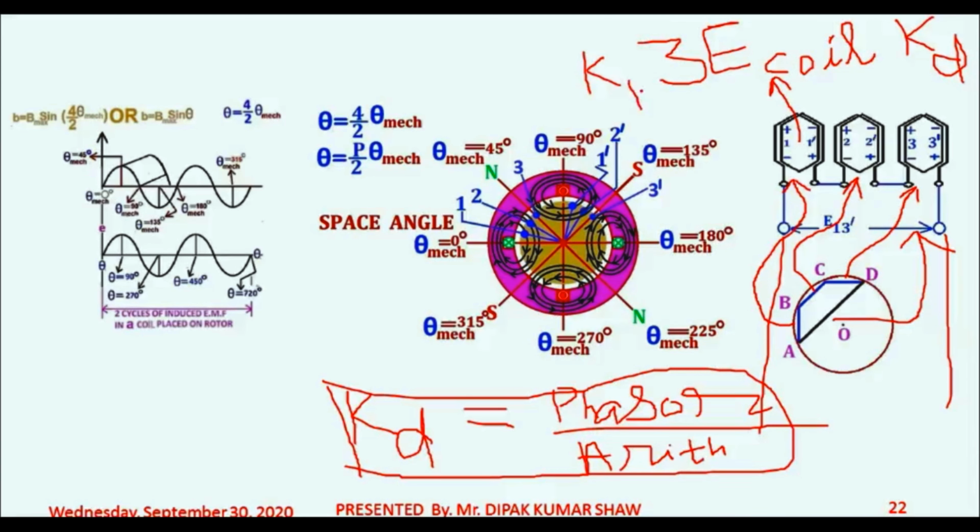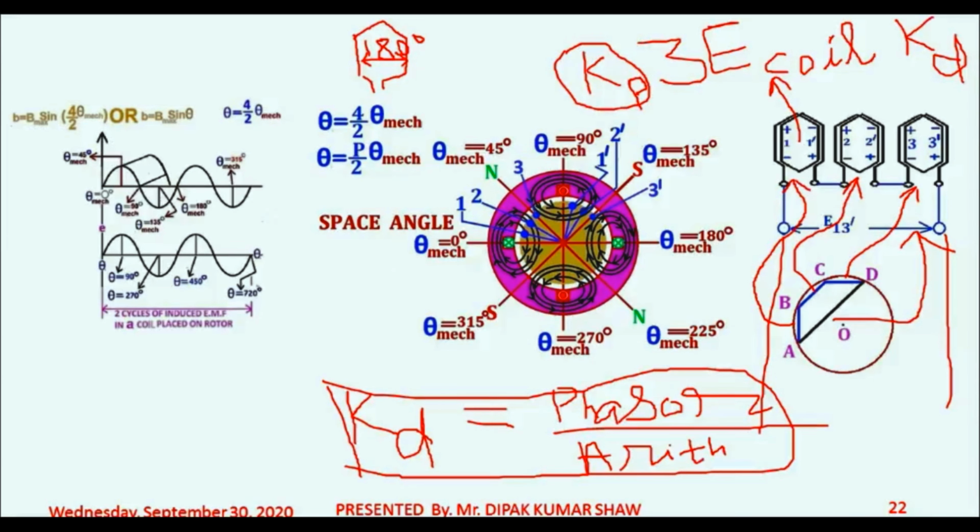This Kp gives an indication about the reduction in induced EMF if a coil is short pitched. That means usually the coil has a span of 180 degrees electrical. But if the span of the coil is less than 180 degrees electrical, then you will have to multiply the EMF induced in the coil by Kp, that is the pitch factor.